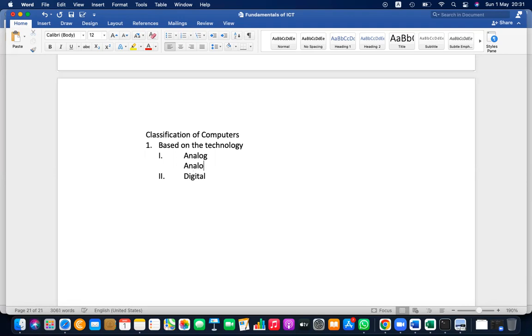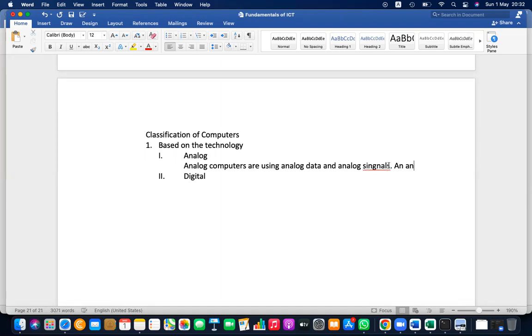Analog computers, please write analog computers under that, are using analog data and analog signals.